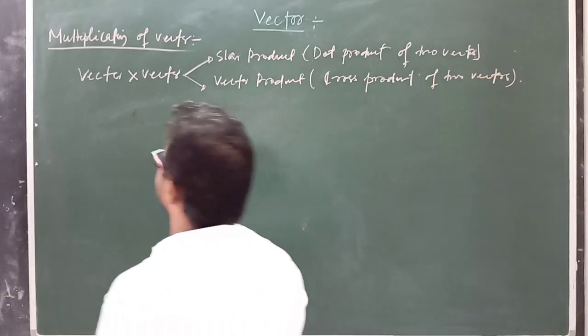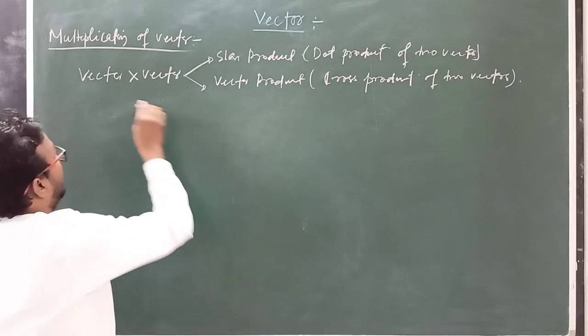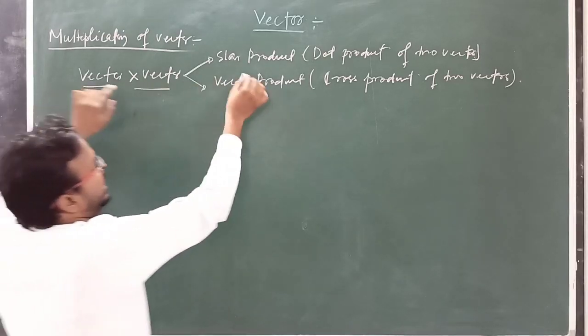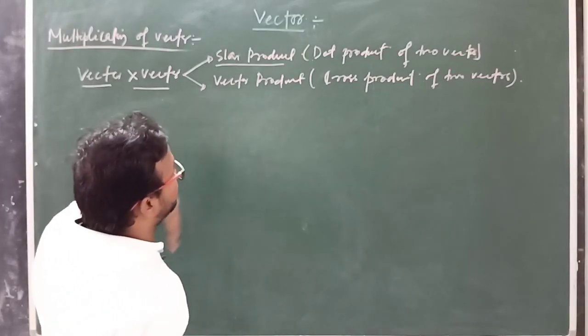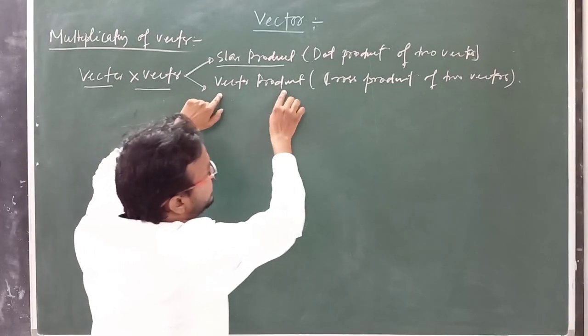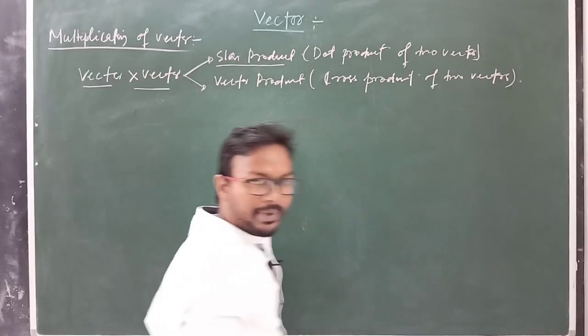So first we will discuss the scalar product of two vectors, and next we will discuss the vector product, means the cross product of two vectors. Clear?